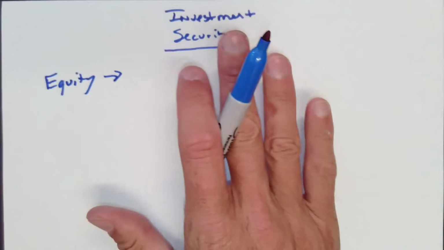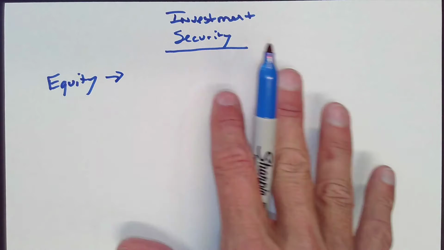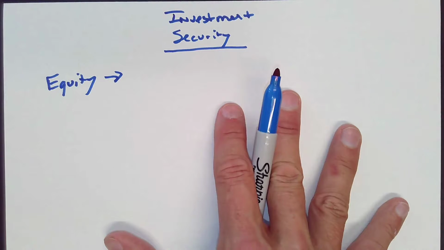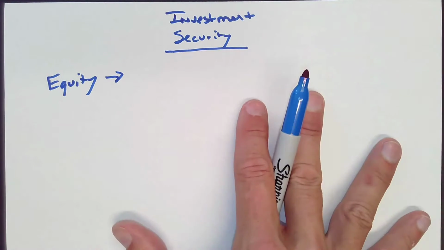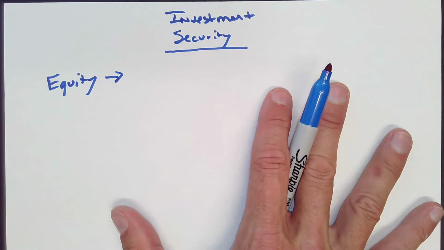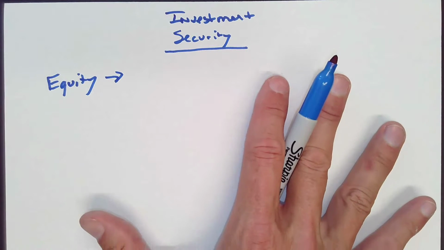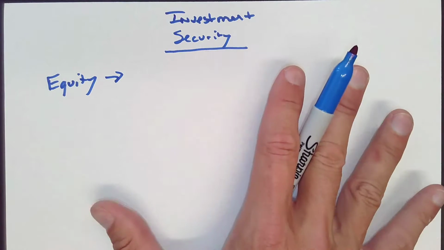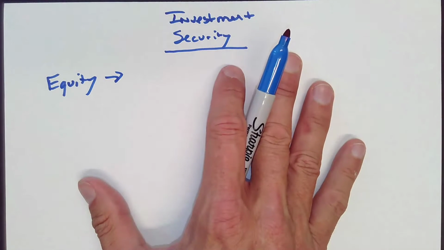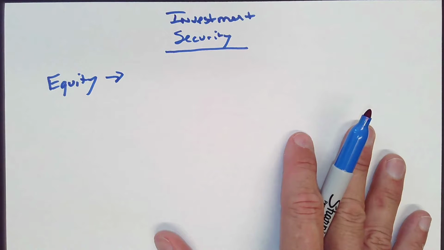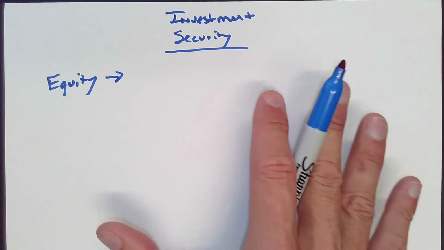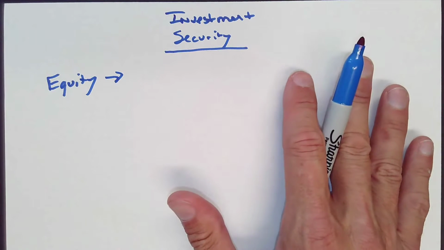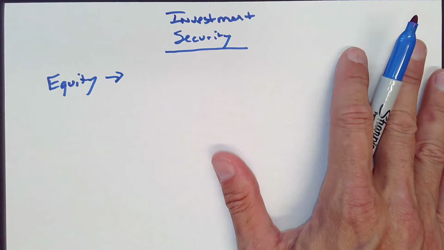Well, assuming we're using a cost basis and we're not using the equity method, or this is not a consolidated entity, right? So we're looking at equity securities where we do not have substantial control or substantial influence, right? So it's likely we own less than 20% of the organization, and if we do own less than 20%, we don't have a lot of board representation that would suggest that we have a lot of influence.